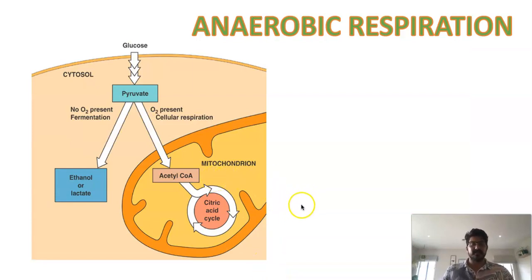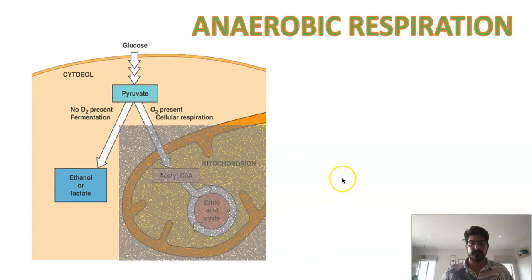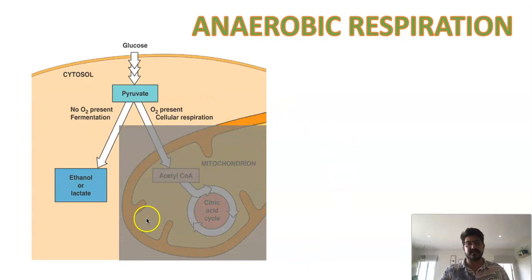Lucky last bit. We're going to talk a little bit about anaerobic respiration. This is what happens when we have our glycolysis stage happen in the cytosol. So stage 1 still occurs, but we don't have any oxygen present in the cell. So this stage doesn't exist. It's not going to happen.